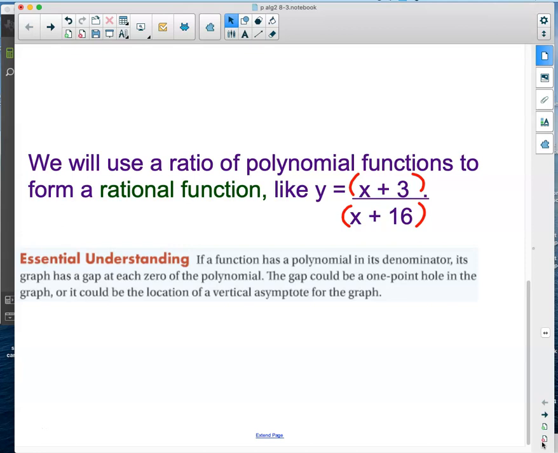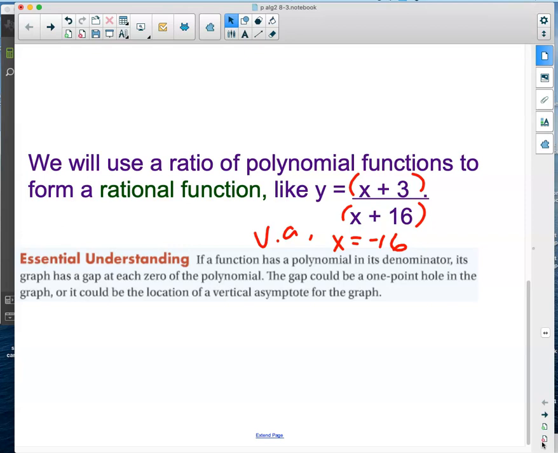Now, in this case, the number that would be bad down here is negative 16. And I'm going to flat out tell you that would be a vertical asymptote in this graph. But what we want to do today is figure out, well, how are we going to know if they're a hole or if they're a vertical asymptote?